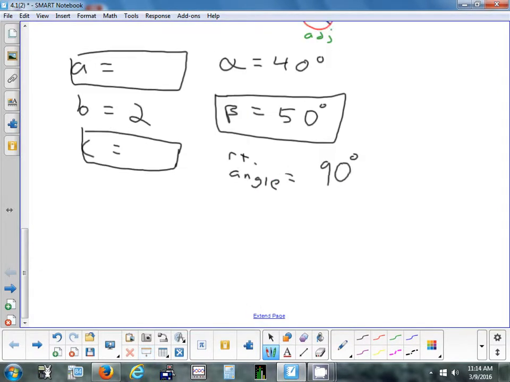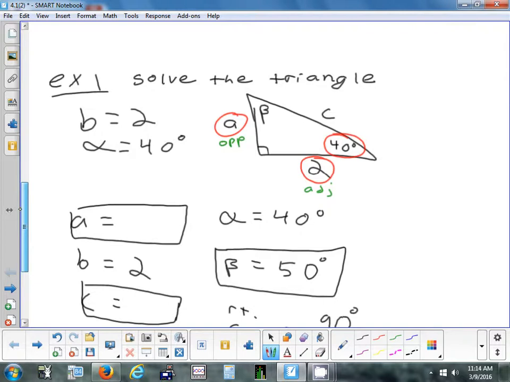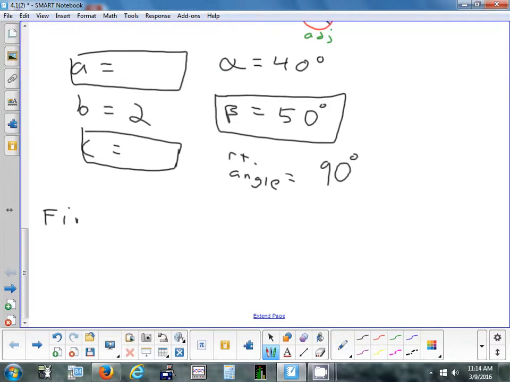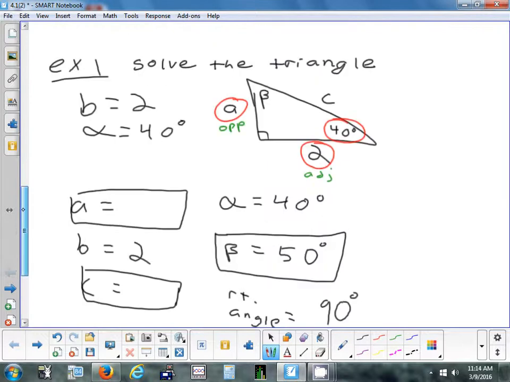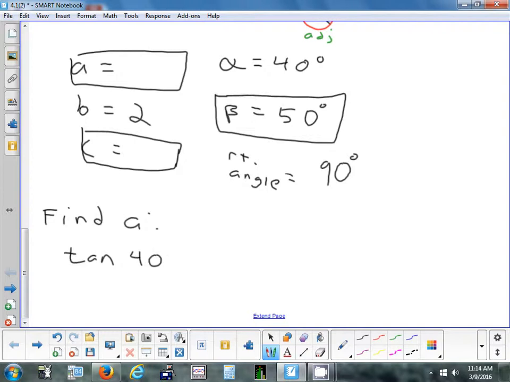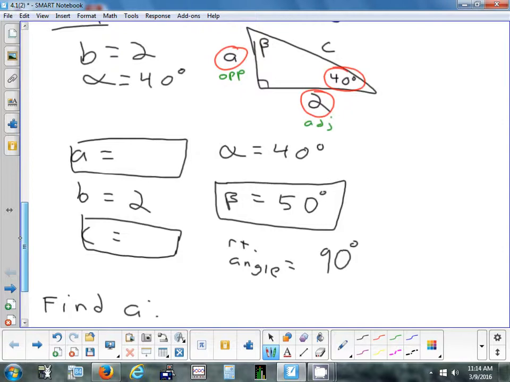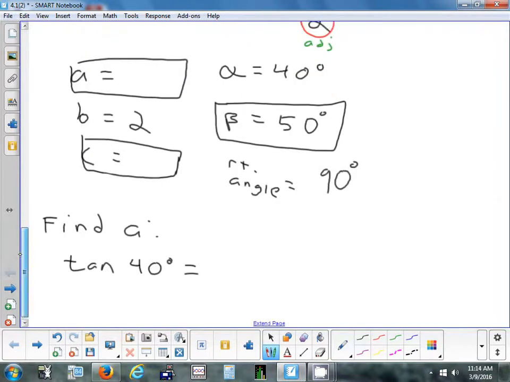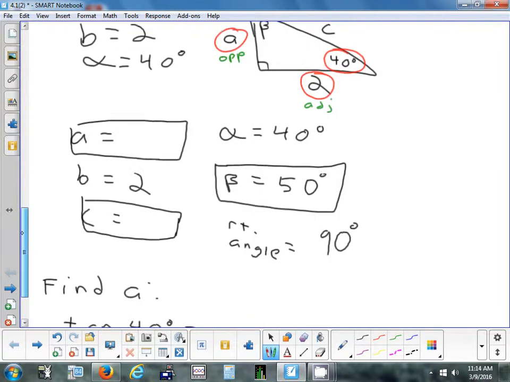All right, so let's set up our equation to find A. It's always tangent of, and you plug in your angle. Or if it's sine or cosine, you use that, but you always use your angle. So write your trig function, put your angle, and now tangent is opposite over adjacent. So what's going to be my fraction on the right-hand side?